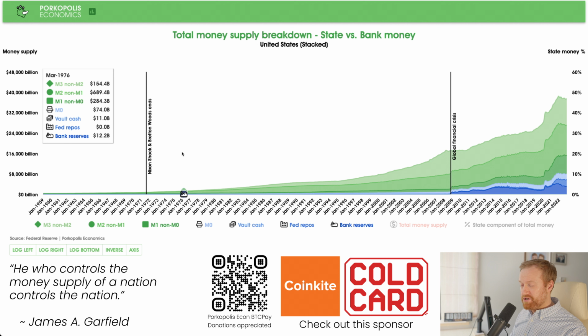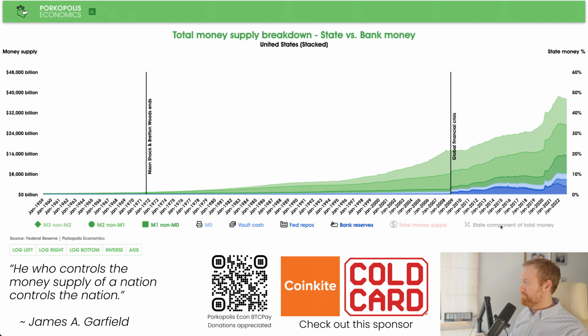So now let's compare the two. Let's see the evolution of state money versus bank money. And for that, I'm going to draw just one line on the right axis. This dotted black line is going to show you the proportion of state money to total money. And there it is. And actually, let's go ahead and put the last indicator on the chart as well. This is going to be a red line.